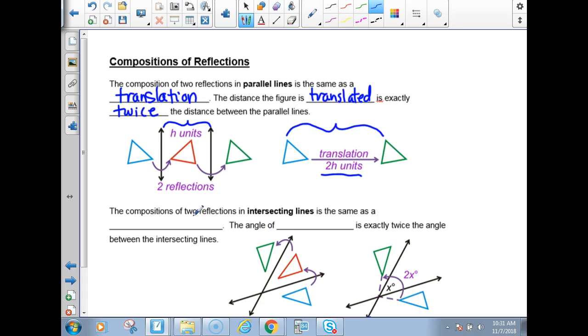Okay? The composition of two reflections in intersecting lines is the same as a rotation. And the angle of rotation is exactly twice the angle between the intersecting lines. So all you have to remember is to double the number.